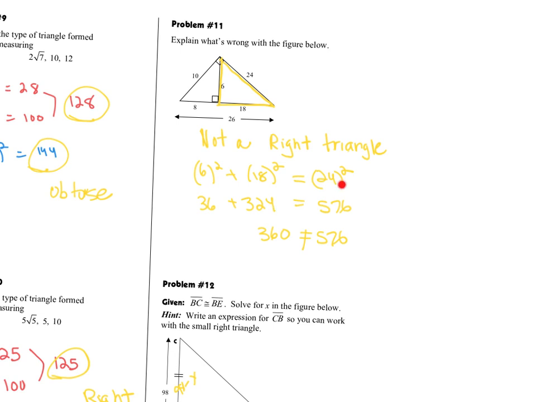And when I square the 24, that gives me 576. And so the sum of the square of the legs does not equal the square of the hypotenuse. I could have just taken the 6 plus the 18 and got 24. And if 24 equaled 24, then I would know immediately that it's not a right triangle.